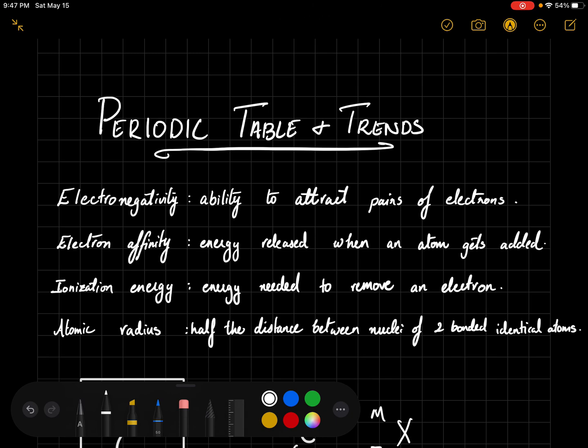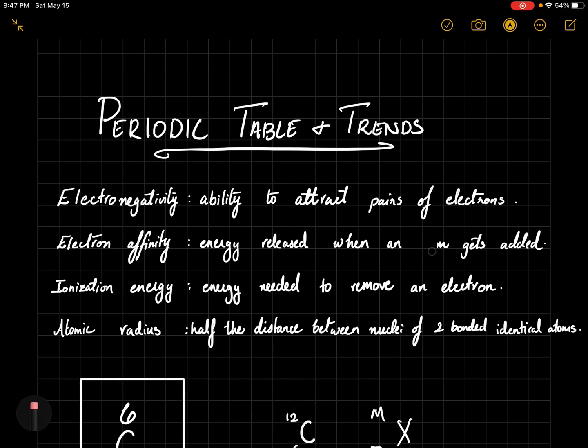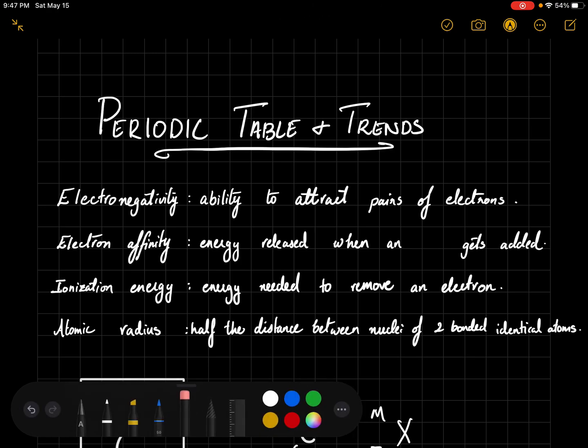Electron affinity is the amount of energy that's released when an electron gets added, not when an atom gets added.